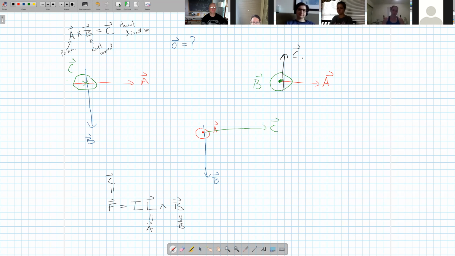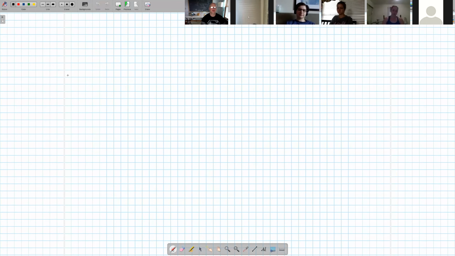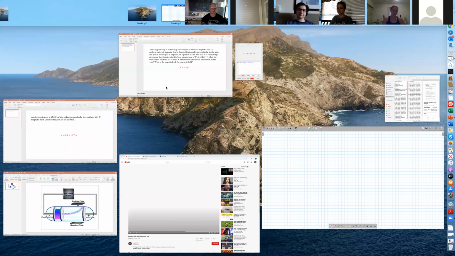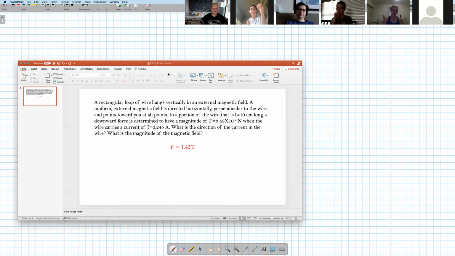So good. So, having done all that, let's do an example. So this example says that we have a rectangular loop of wire that hangs vertically in an external magnetic field, where that external magnetic field is perpendicular to the wire and points towards you at all points. So it's going to be pointing out of the computer screen into our faces.